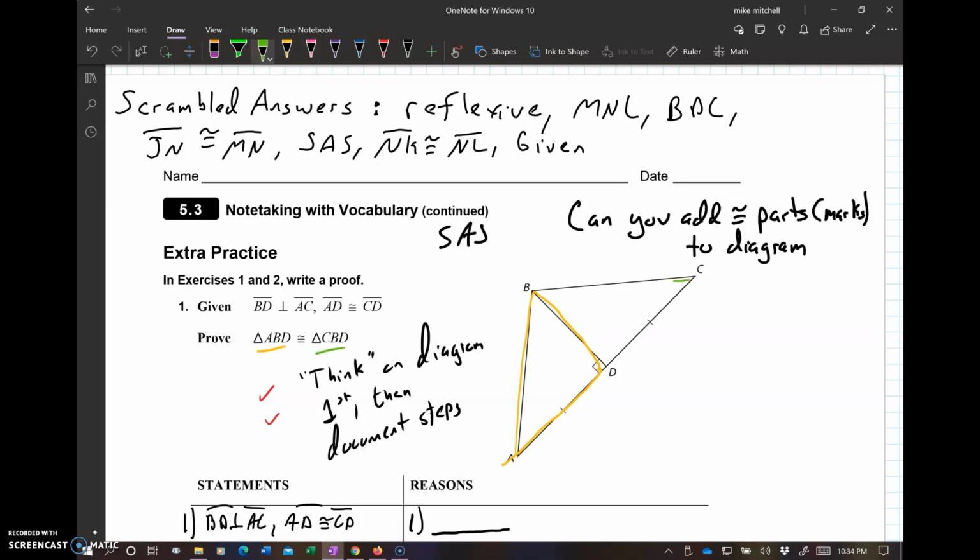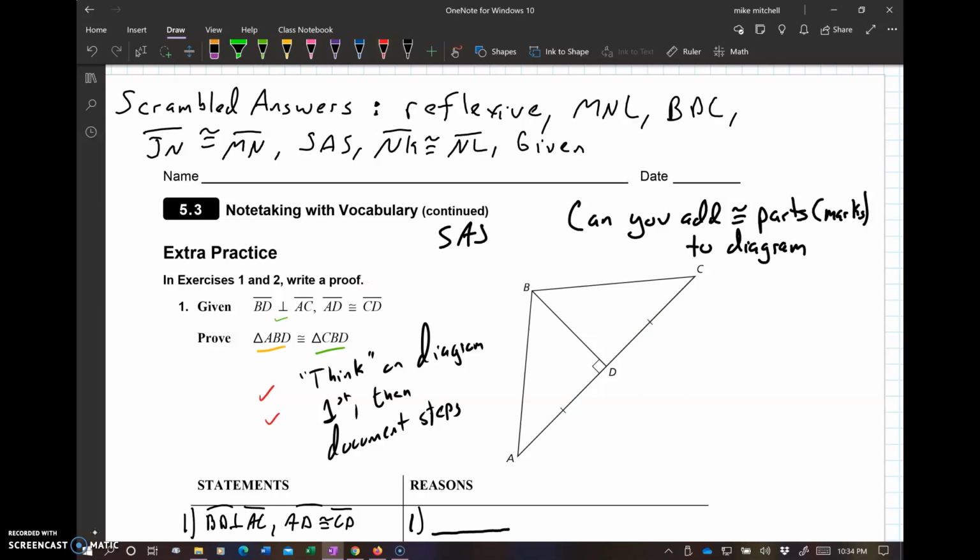Triangle CBD, that's this one. Those are the two triangles we're looking at. We're given BD is perpendicular to AC. We've got that marked. We're given AD is congruent to CD. We have that marked.